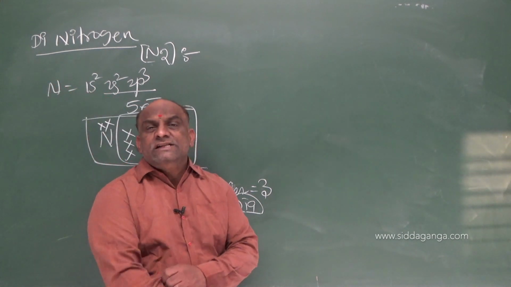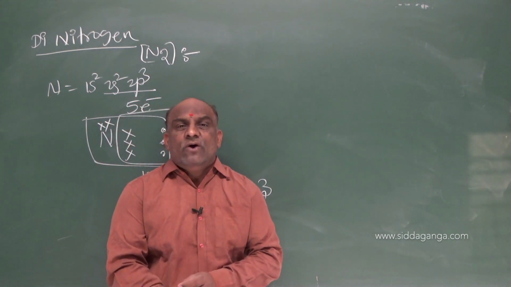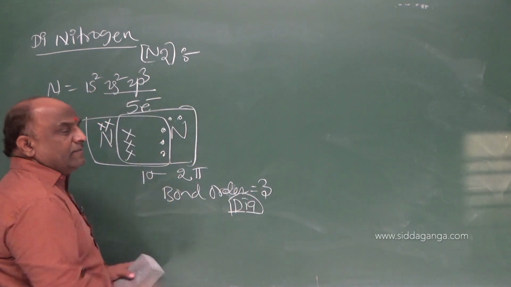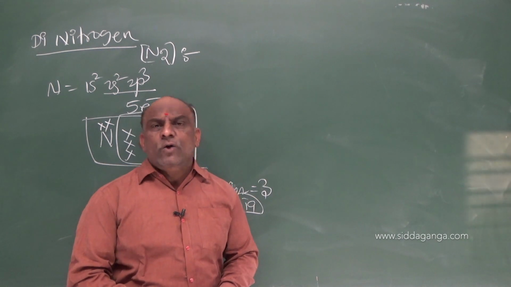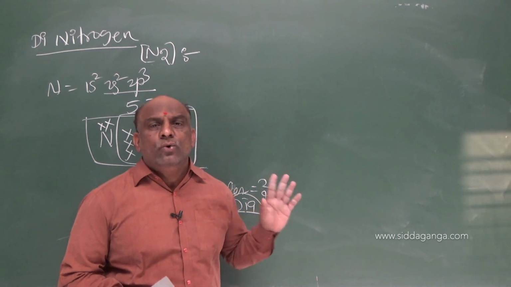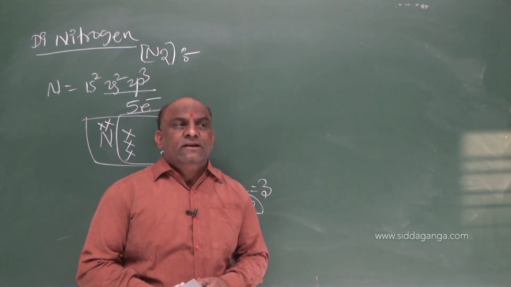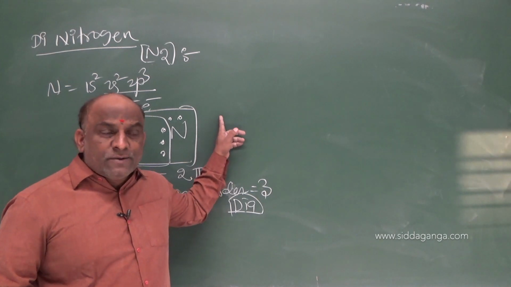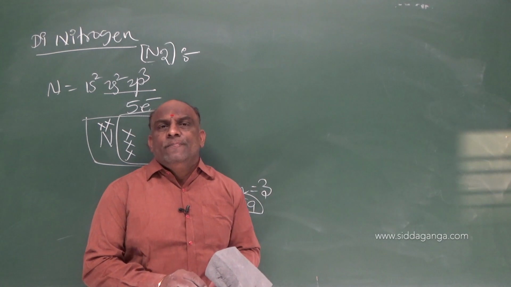Dinitrogen is available in atmospheric air at 78% by volume, and in the solid state in the earth's crust at 0.0002%.